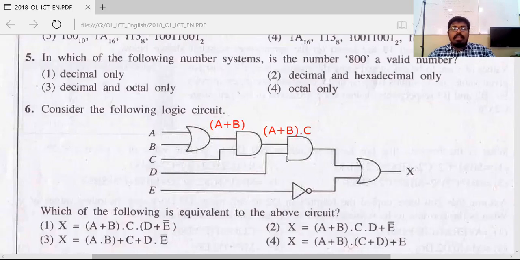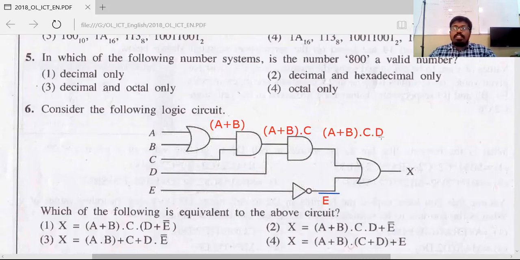Here is another AND gate, so it will be (A plus B) dot C dot D. You can provide the bracket, but this is an AND gate, so no need. This is E, this is E bar.